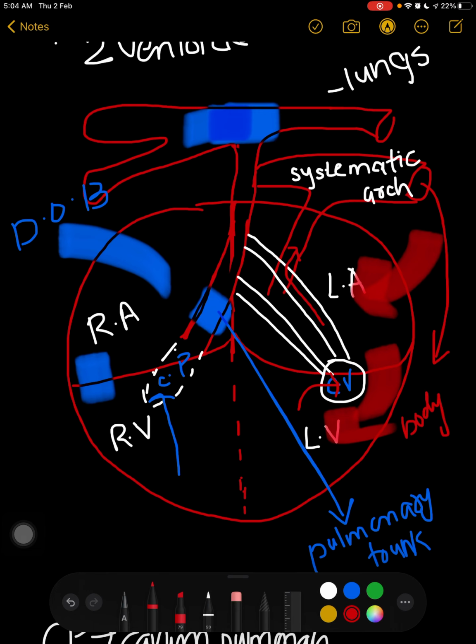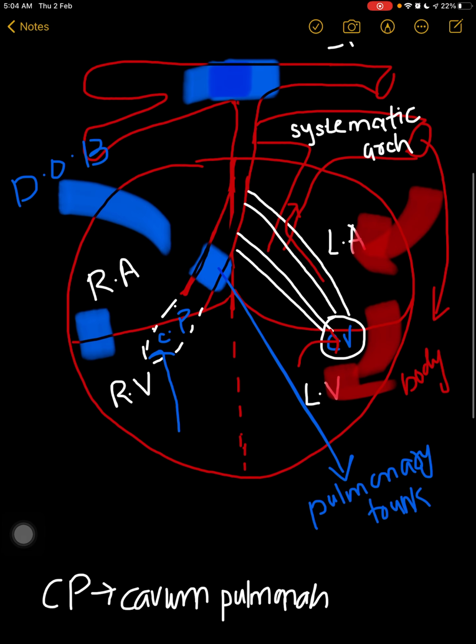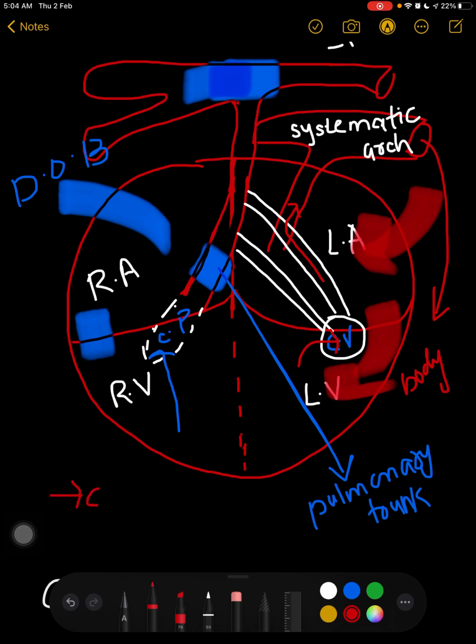Like the systematic arc divides into, we have carotid arc, right? We have coronary arc, right?